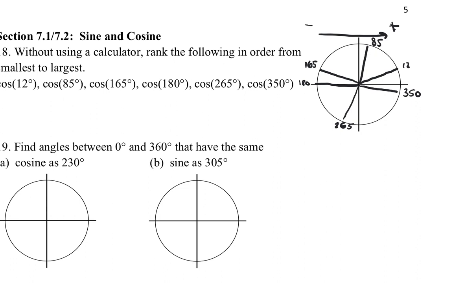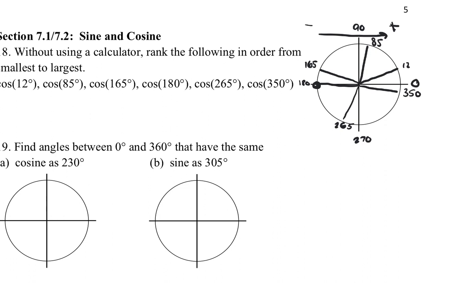Right, so I know that this line here is 0, this line is 90, this line is 180, and this line is 270. So I kind of drew those lines based on those degrees that I knew. And now we're going to find the points.